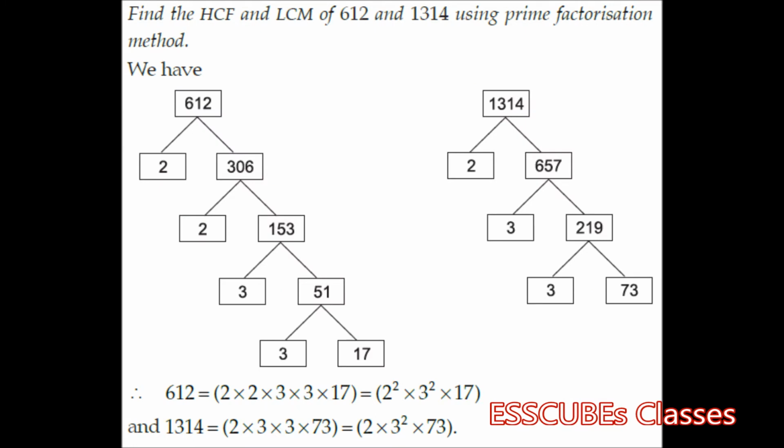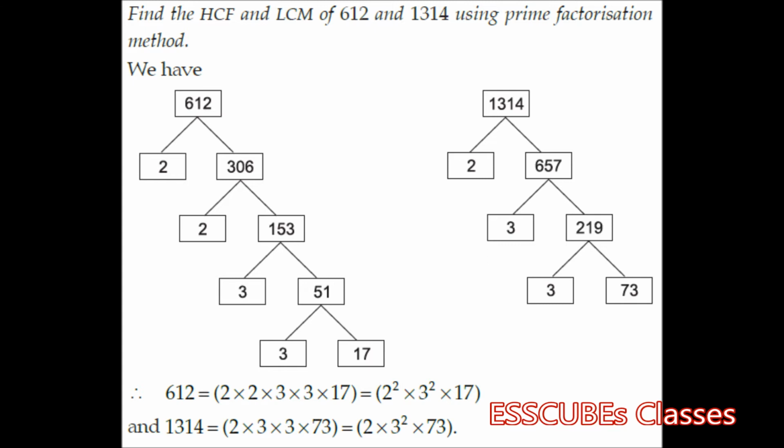Let us find the HCF and LCM of 612 and 1314 using the prime factorization method. We have this tree approach. 612 can be written as 2 into 306, while 306 can be written as 2 into 153, while 153 can be written as 3 into 51, while 51 can be further subdivided into the factors 3 and 17.